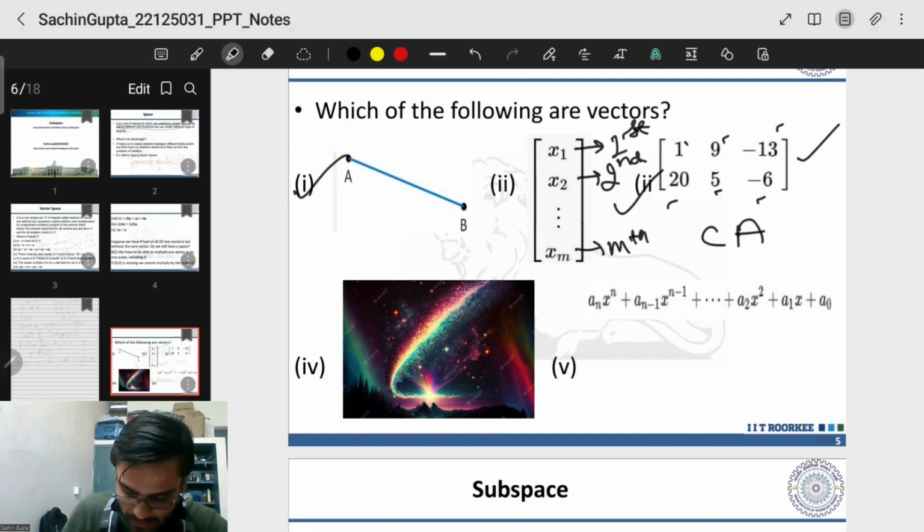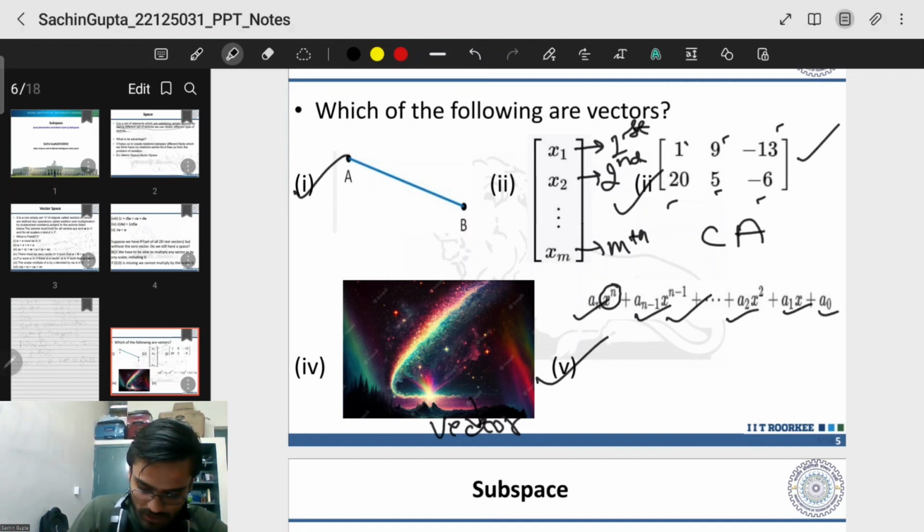So if a matrix is a vector, then an image can also be considered as a vector. Now the fifth is a polynomial. Can we add two polynomials? Yes. Can we multiply a polynomial with a scalar? Yes. So it can also be treated like a vector, with one component for x to the power n, that's coefficient, and another coefficient. So all five are vectors.